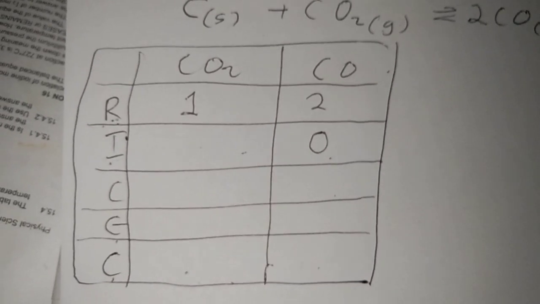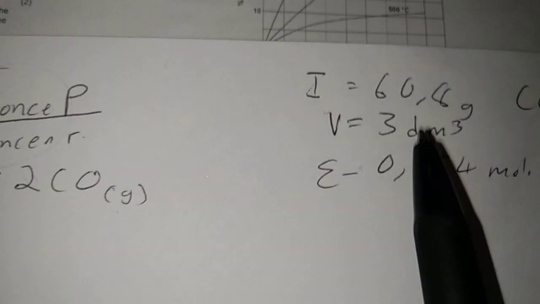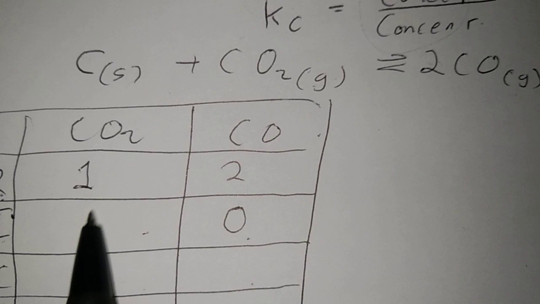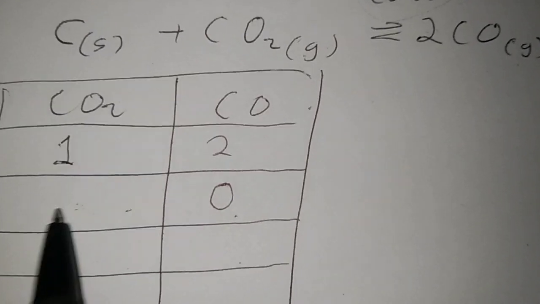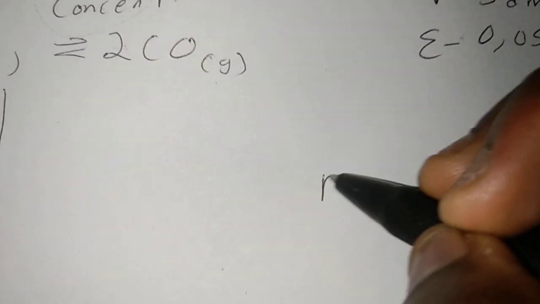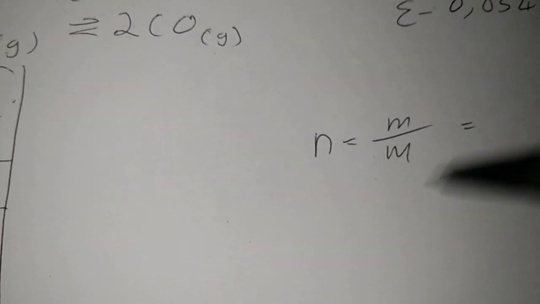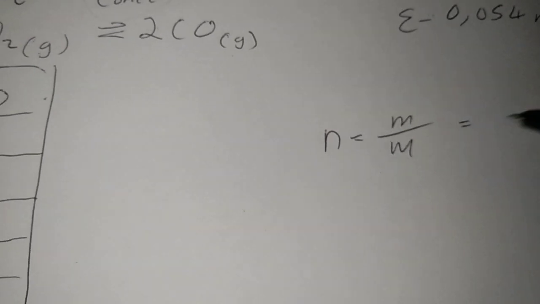Now let's look at what we don't have on the table. We are looking for the number of mole of this at initial, and they told us that at initial we had 60.8 gram of carbon dioxide. Now let's look for the number of mole. Since we have mass, we will use mass over molar mass.